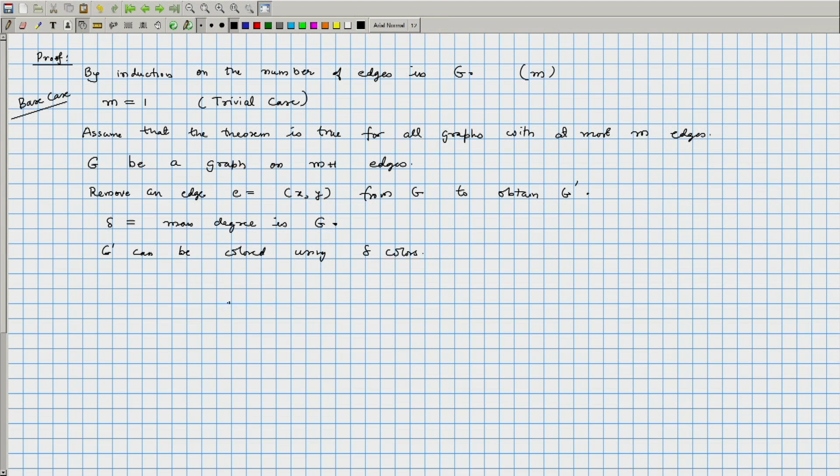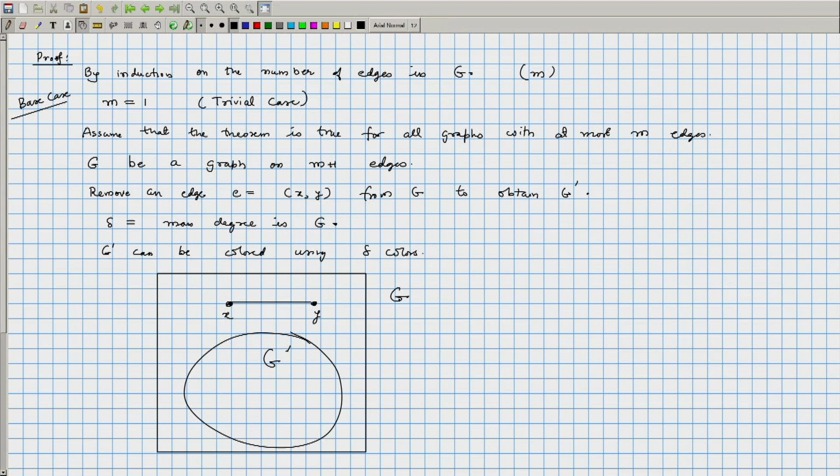Now let us look at these vertices x and y, corresponding to the edge that we have removed. This is an edge that has not been colored. So G is the main graph and G prime is a residual graph, and if we add this edge (x, y), we get the complete graph G. Now we need to color this, and if we manage to color it without using any additional color, then we are done. We will see how that can be done.